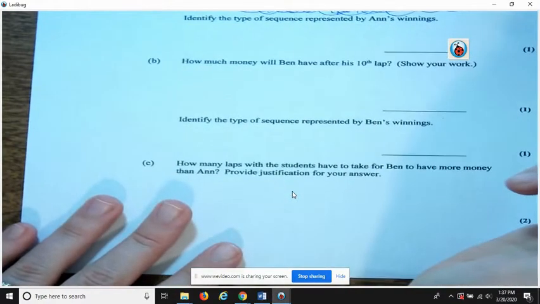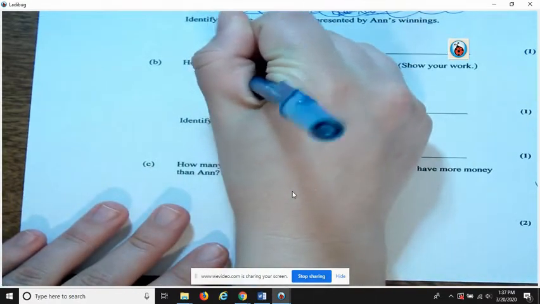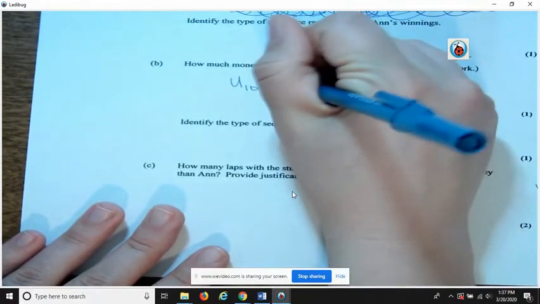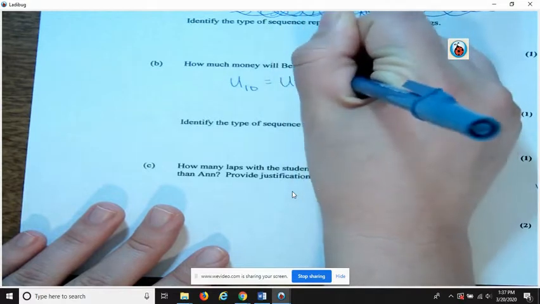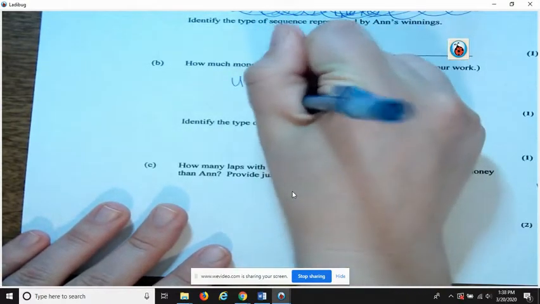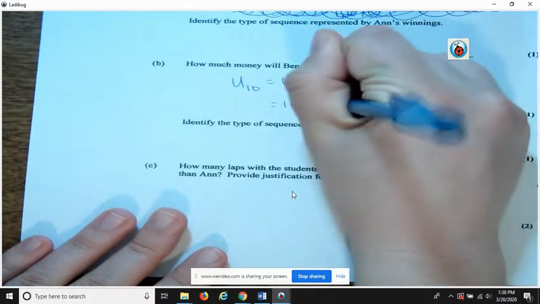For Ben, we are looking for U sub 10. It's a geometric sequence, so I'm going to have my U1 times R to the 10 minus 1. My U1 is 100. My R is going to be 1.08.